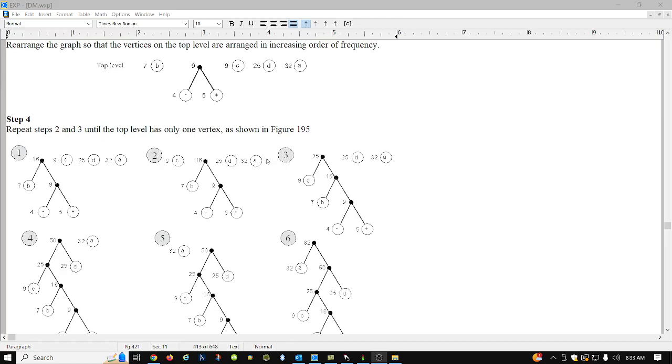Another rearrangement on the top level, another combining, another rearrangement, which is, let's see, okay, these are already in the correct order of frequency, so we don't have to do a rearrangement. We just do another combining of these two. That brings us to here. Frequency is now 25 plus 25 is 50. Now we have to rearrange the top level and do a final combination until we're down to a single vertex at the top level.